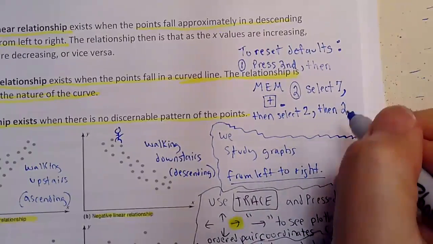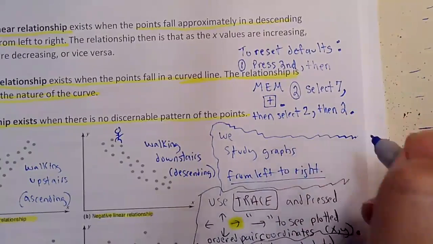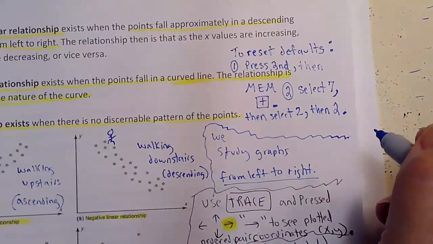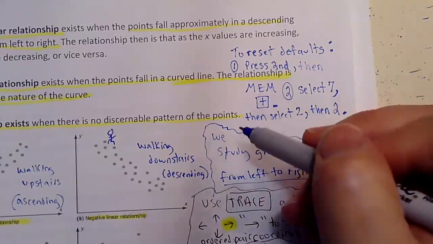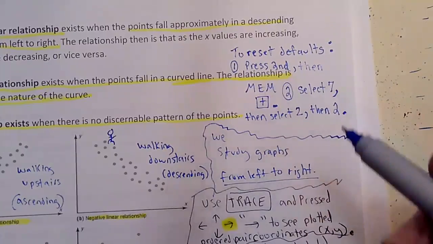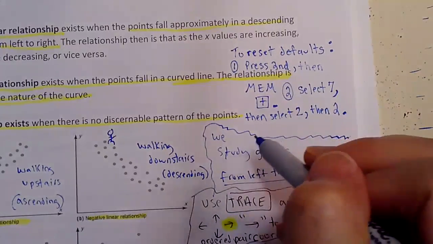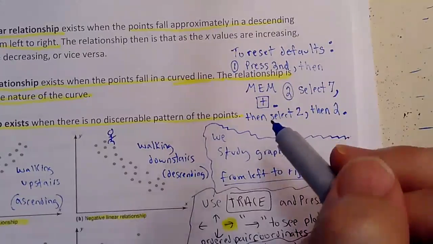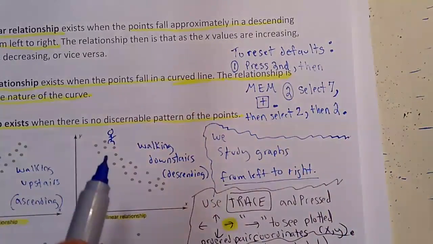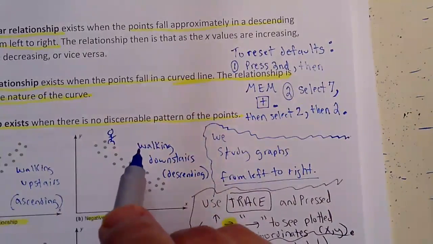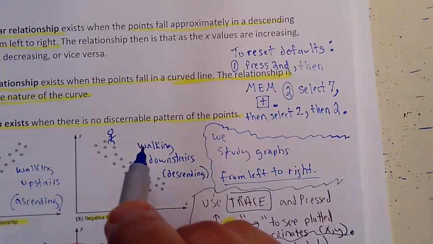So you want to select 7, then select 2, and then select 2 again. And hopefully when you reset that, you can go back and start the problem again, put in your data and check your window, and then you should get a graph, hopefully.